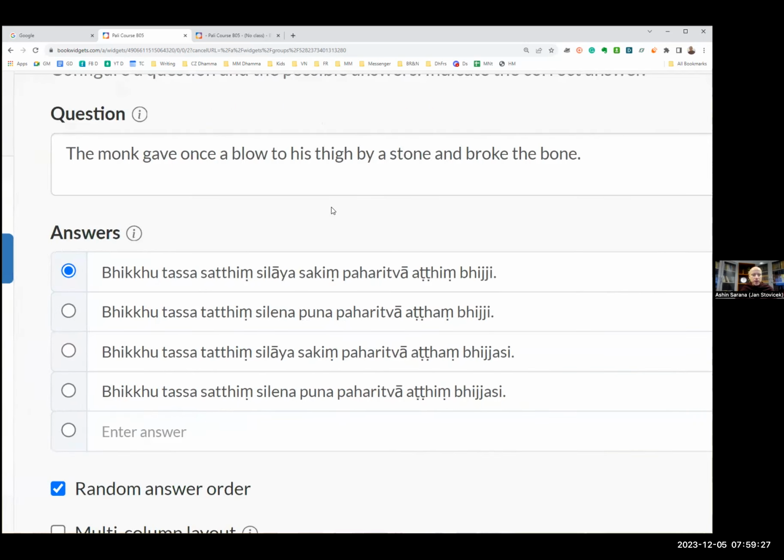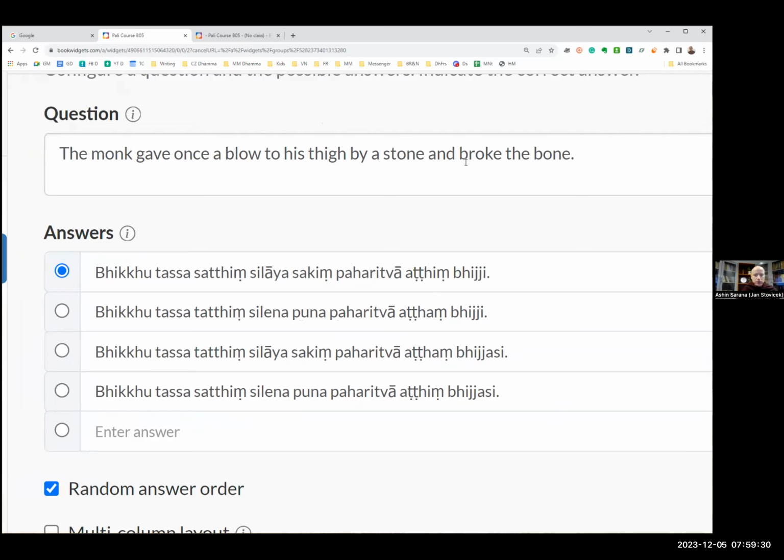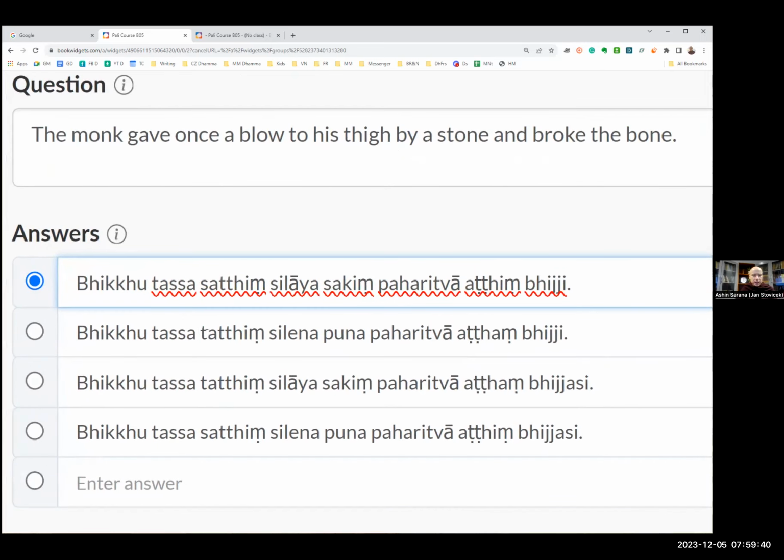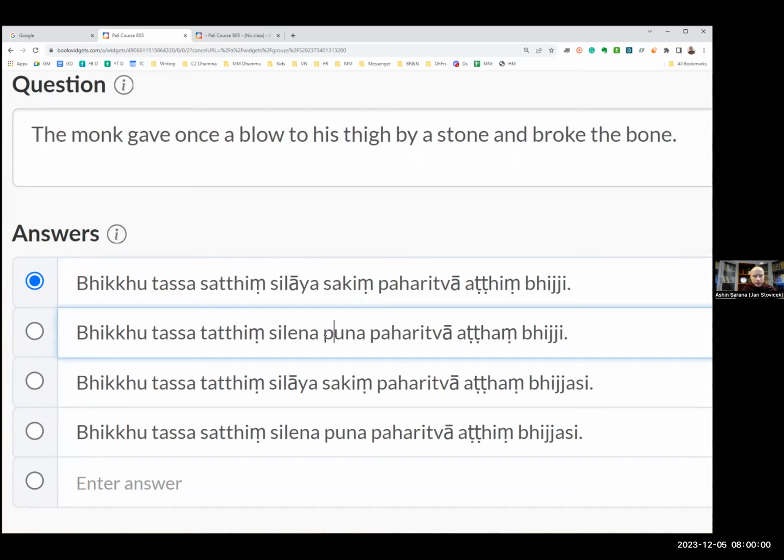The monk once gave a blow to his thigh with a stone and broke the bone. This is something that really happened in the scriptures. So bhikkhutassa sathing or tatthing. This is more of a vocabulary test. So sathi is the correct one. Sathi is the thigh. So bhikkhutassa sathing silaya or silena. Because sila is the third noun group, it must be silaya. It would be silena if it was silo, but no, it's not. So silaya is correct.